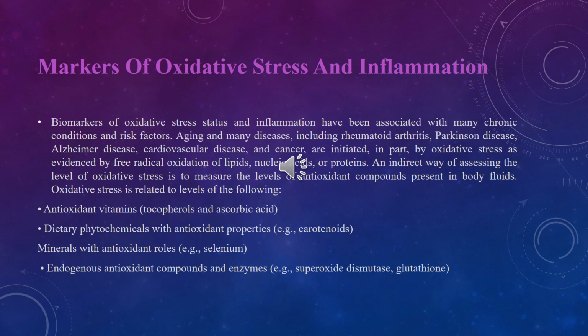But if the person eats an unhealthy diet, consumes food items that promote free radicals, or has a lifestyle with smoking and radiation, then in these conditions the free radicals affect the body.